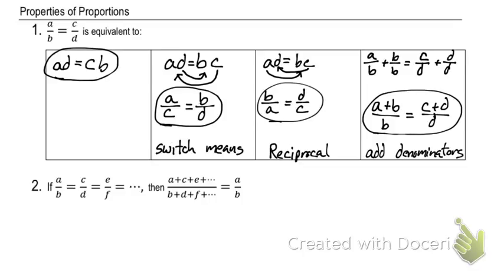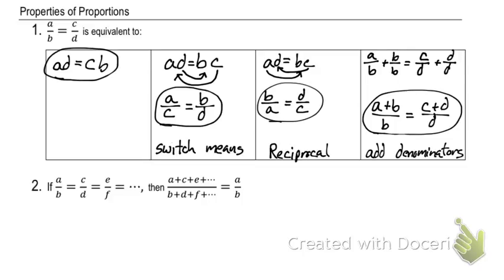This could have been D times A equals B times C. And a lot of times I'll flip it depending on which one is my x value. So if I have x down here and a 2 up here, I'll make it 2x. But if x is over here and 2 is here, I'll still make it 2x instead of x times 2. Just because we know it's commutative, it doesn't matter which way we put it. Does that answer your question of sorts?